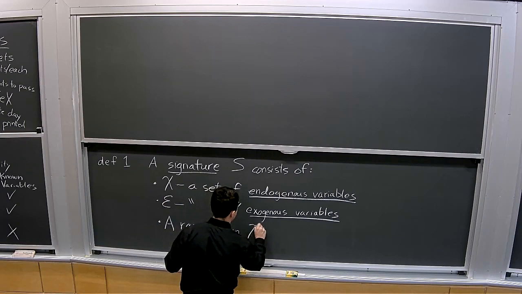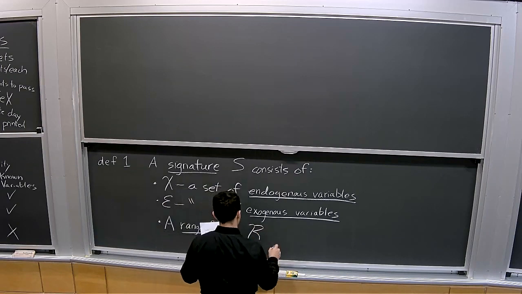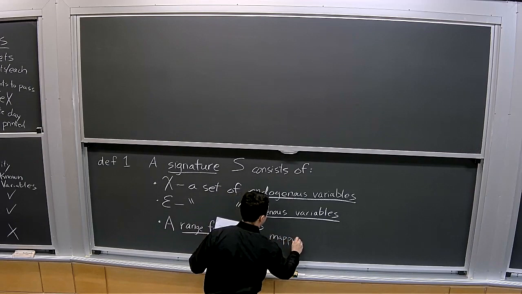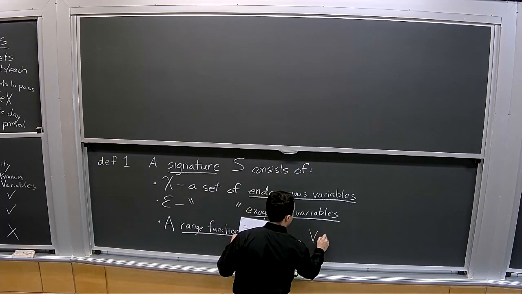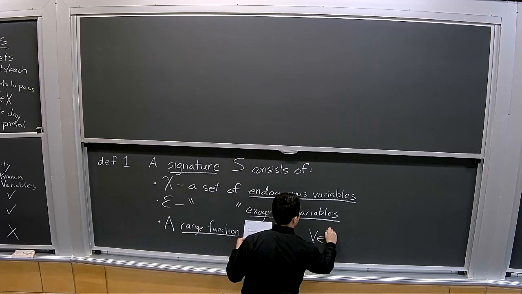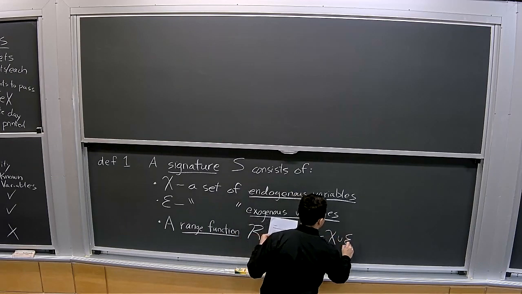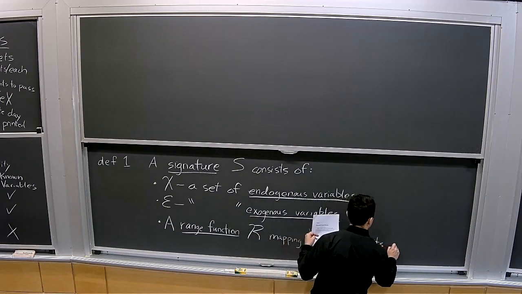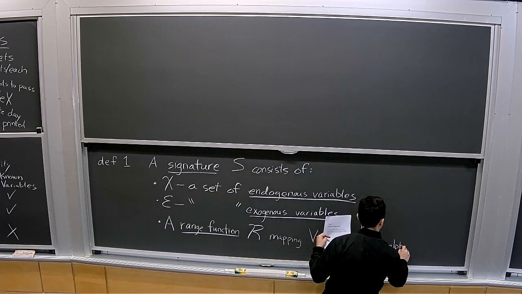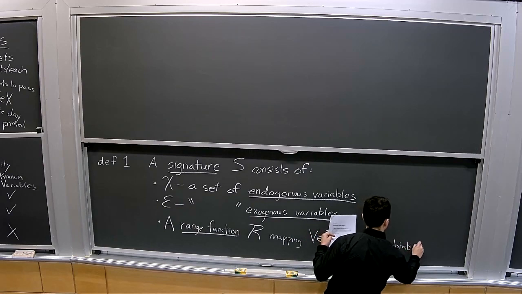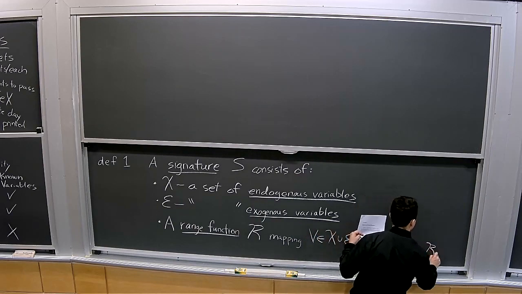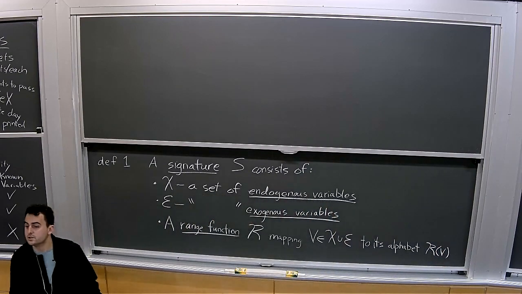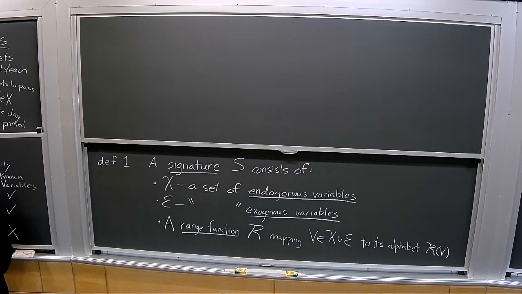It's going to be calligraphic R. And that's going to map a variable V, which can either be an endogenous variable or an exogenous variable, to its alphabet, R_V.